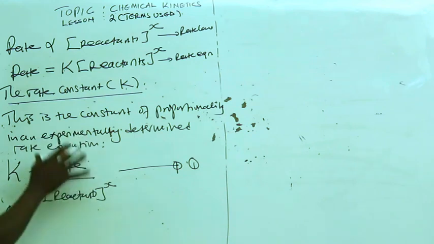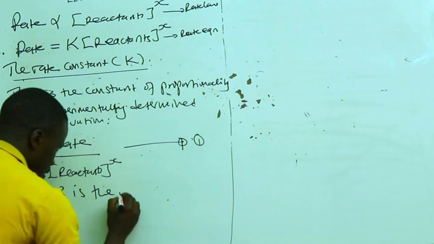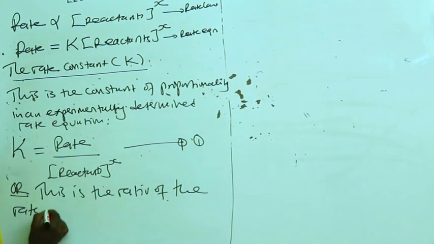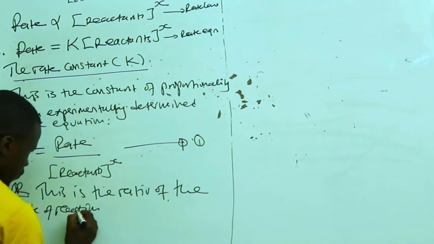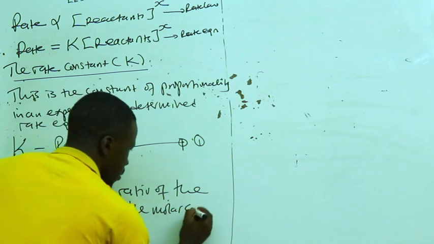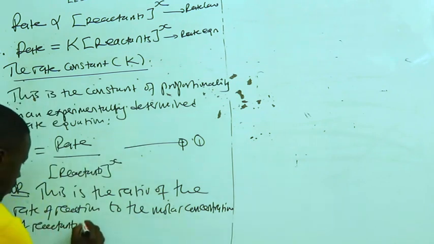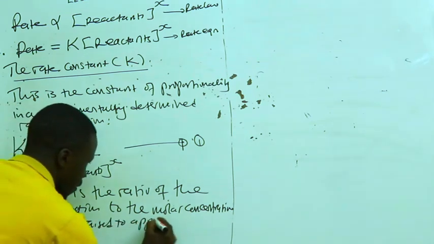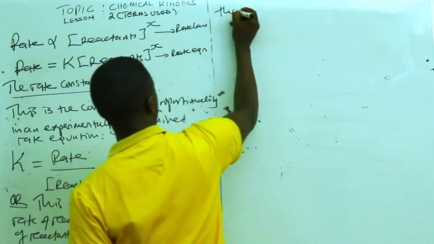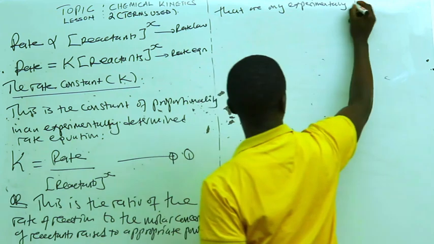We could now form a definition from that expression and say the rate constant is the ratio of the rate of reaction to the molar concentration of reactants raised to appropriate powers that are only experimentally determined.